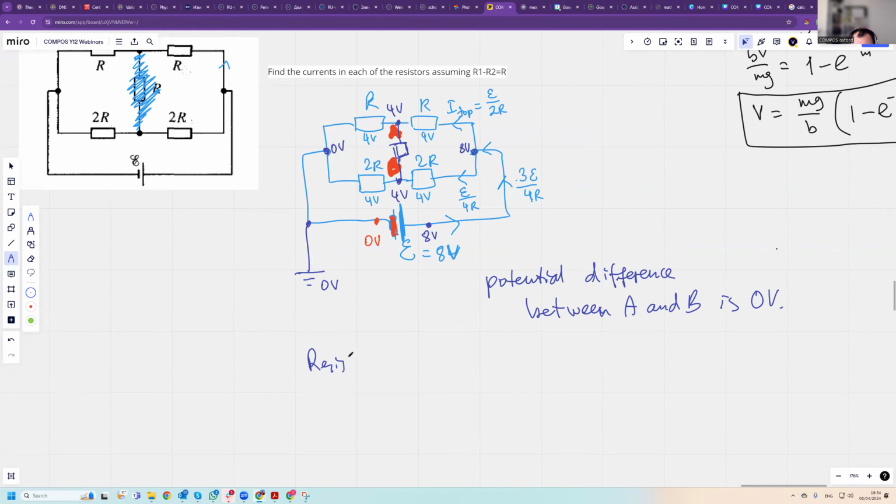The resistor between A and B does not make any difference.